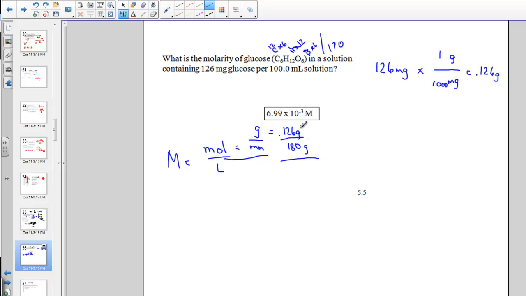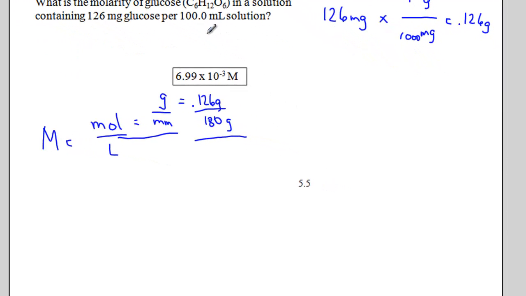Let's keep going. 0.126 grams of solute over the molar mass of 180 is mole. This is 100 milliliters, so 100 mils has to be converted to a liter. And again, the milli, just as in the milligram, we know a milliliter is 1,000. So 100 mils is 0.1 liter.